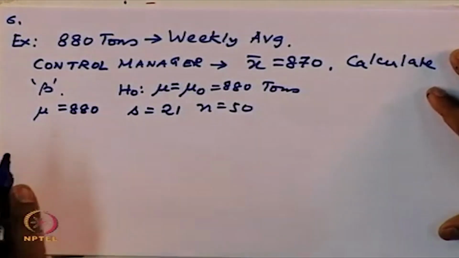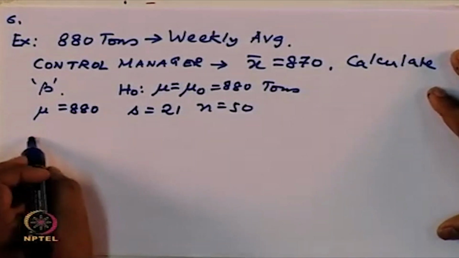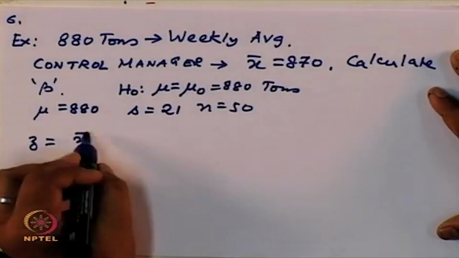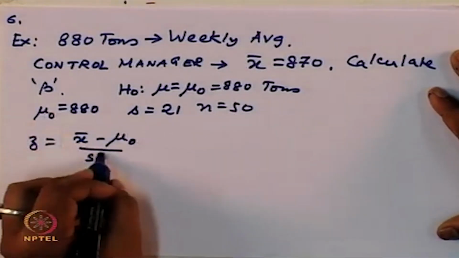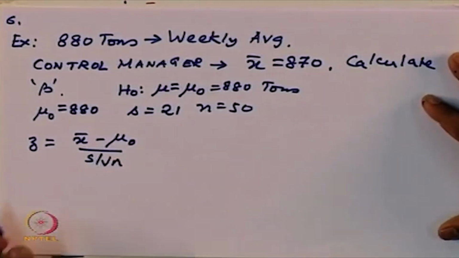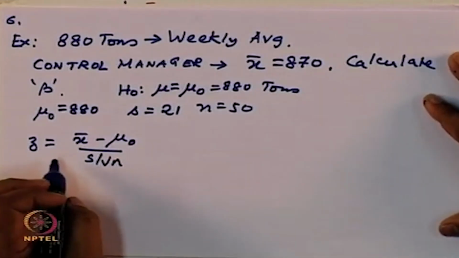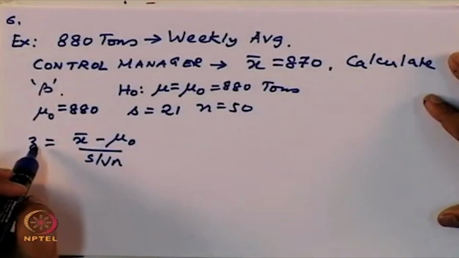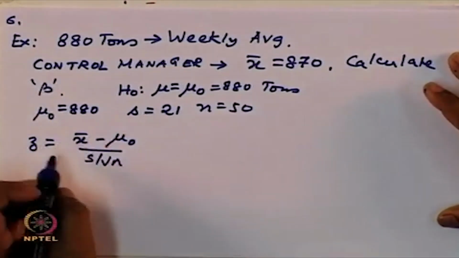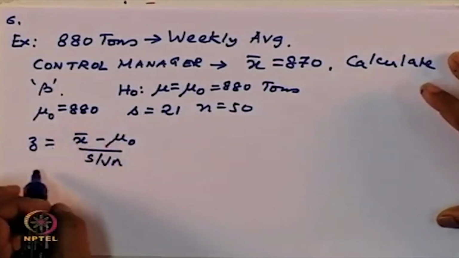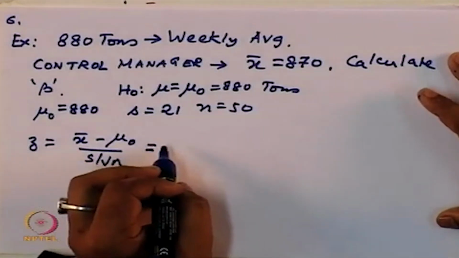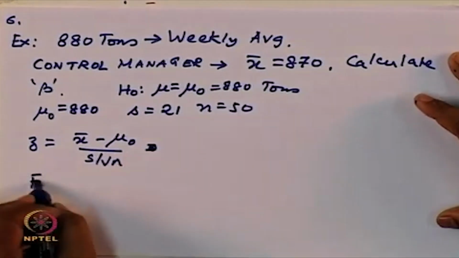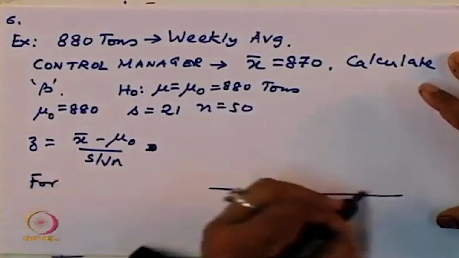So, we calculate Z equal to x bar minus mu naught by S by root n. So, if you were to reject your H naught, this Z you can calculate the value to be, let me draw it again.